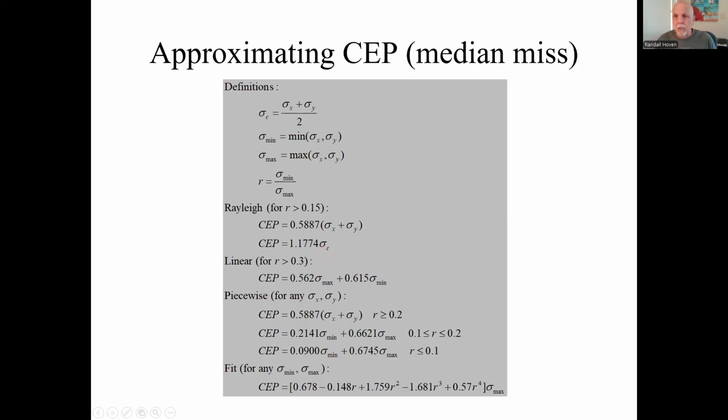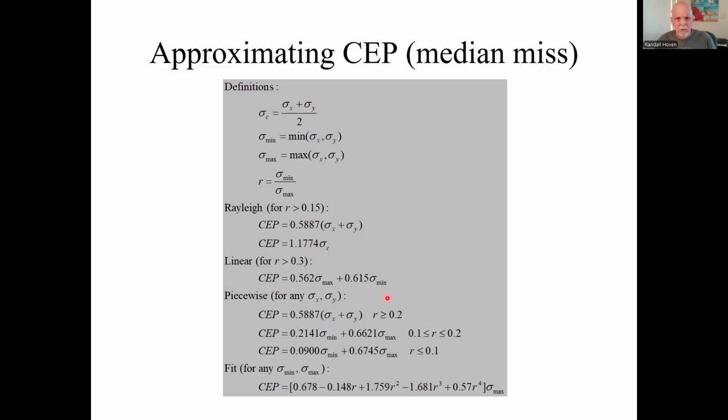Now, because the X and Y are different, we're just going to use the average of those 2. So you can either write it this way, where it's the same number in front times the average sigma, or write it this way. This 0.5887 is just half of this number. The rest of these are other approximations.